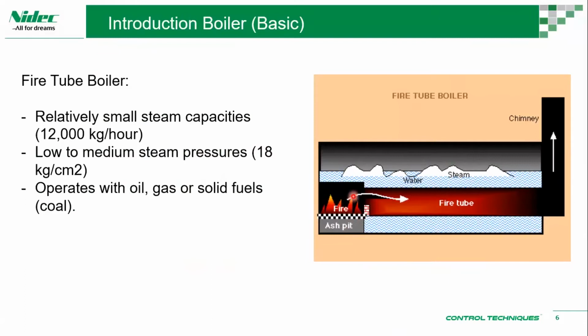The water inside the pipe will be heated and transformed from water into steam under pressure, for sure. Then from the combustion process, we have the ash and the excess gas, which will go out through the chimney or stack. This is the simple simulation inside the boiler.